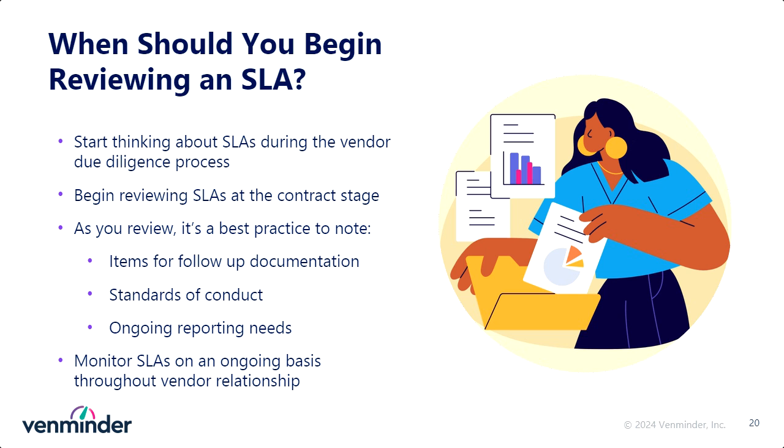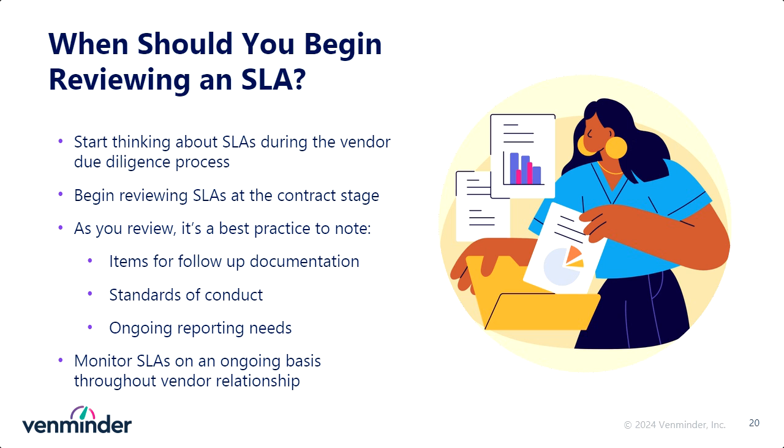And as you review them, it's best practice to note that any items that are necessary for follow-up documentation, maybe any standards of conduct that need to be included in these SLAs, some ongoing reporting needs. These are things you need to be sure are reviewed with the SLAs and, of course, documented with the SLAs.